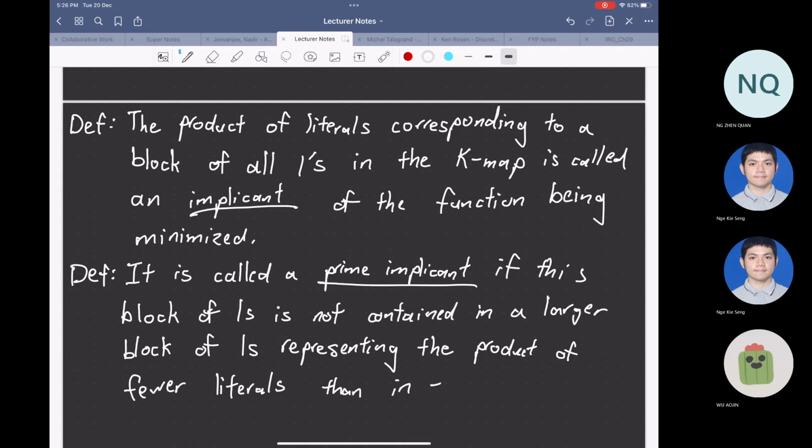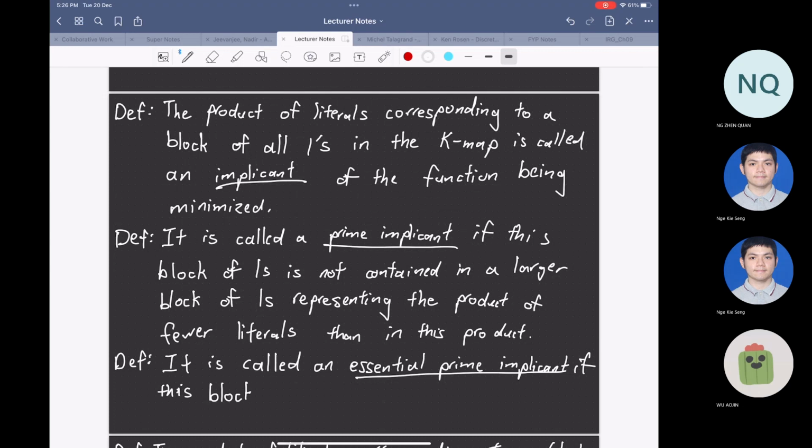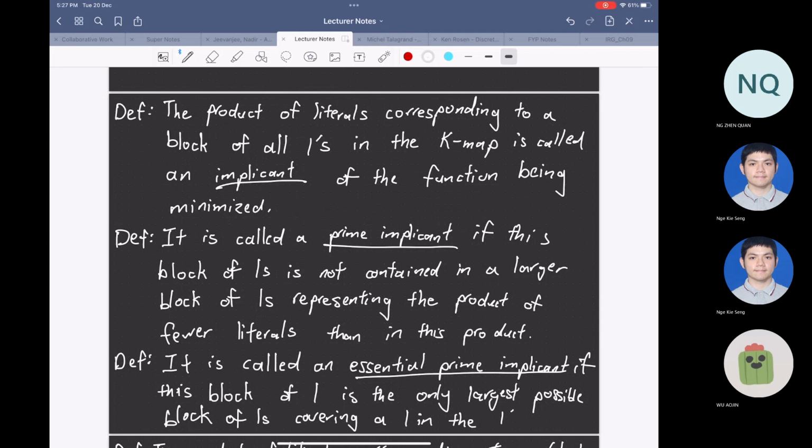So the final one, we will call it the essential prime implicant if this block of 1 is the only largest block on the K-map.